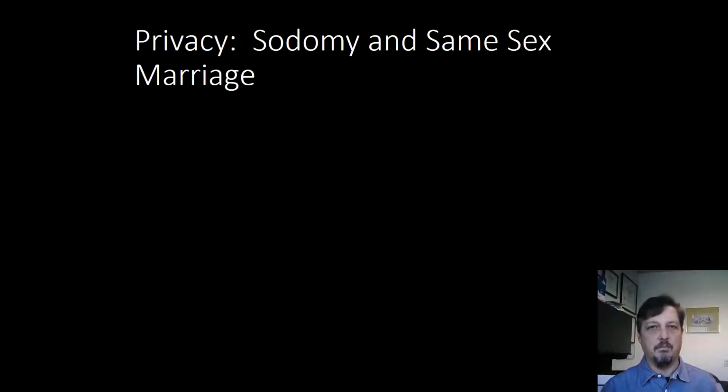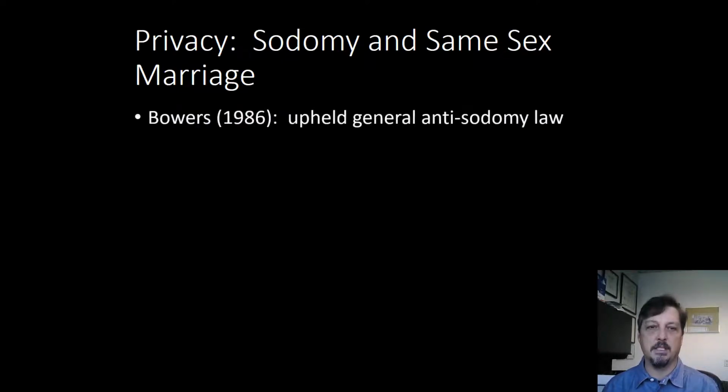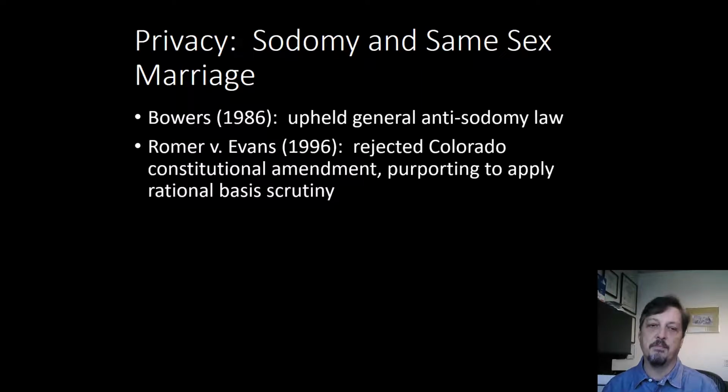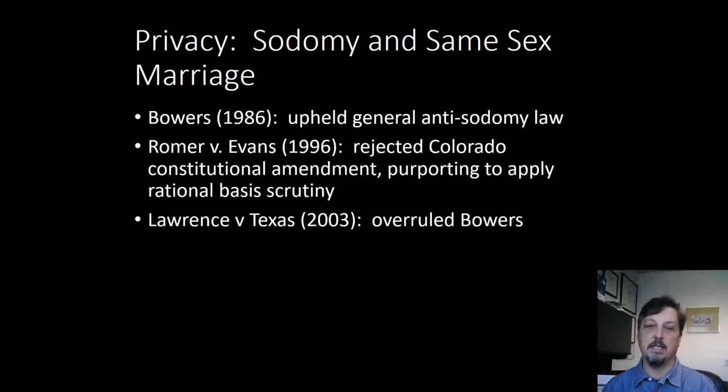In the previous review slides, I went through substantive due process and privacy through the abortion cases. We then looked at sodomy and same-sex marriage cases. Recall that Bowers in 1986 upheld a general anti-sodomy law. Romer v. Evans rejected a Colorado constitutional amendment, and it purported to apply rational basis scrutiny.